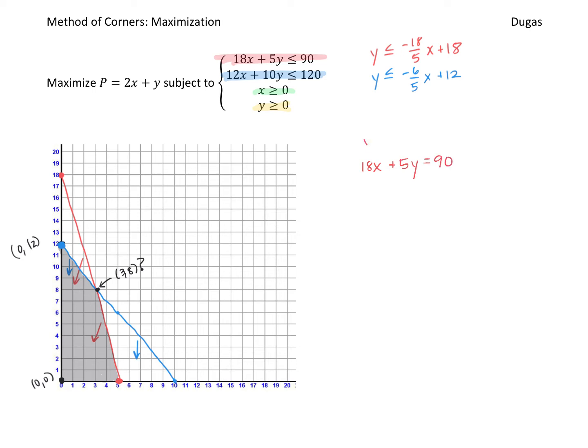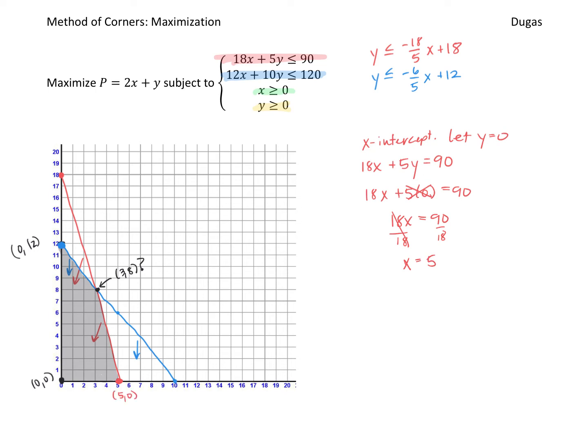I'm going to find the x-intercept. That means let y equal 0. So that will be 18x plus 5 times 0 is equal to 90. So 18x is equal to 90. Divide by 18. 90 divided by 18 is 5. And that's what I thought, right? So that's 5, 0.